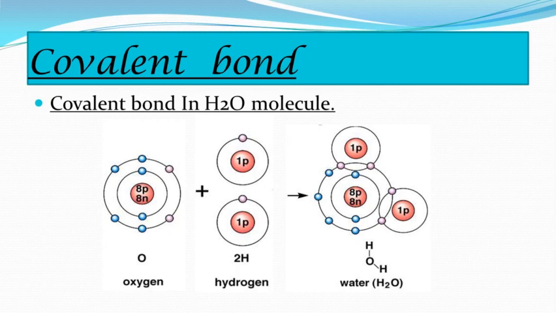All 3 atoms complete their octet or duplet and form the water molecule. Here two covalent bonds are formed, but they are single bonds. You can see the formation of the water molecule from 1 oxygen and 2 hydrogen atoms.